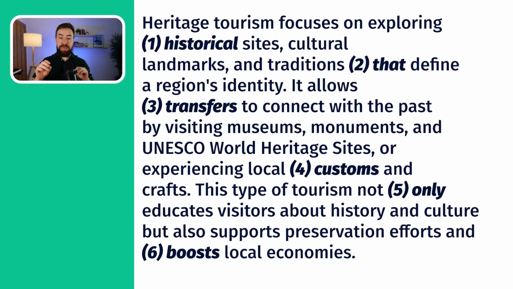Okay, so did you find the one that wasn't right? So almost all of them were correct, but there was a problem with number 3. So number 3, it allows transfers to connect with the past. Now, it starts with TR, so that's fine. It's the right number of letters, so that's fine, okay?